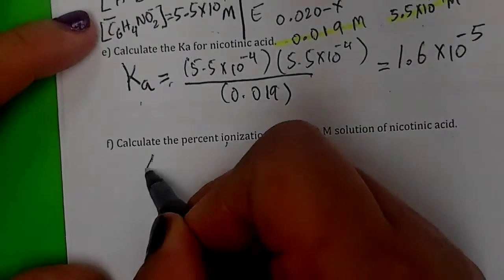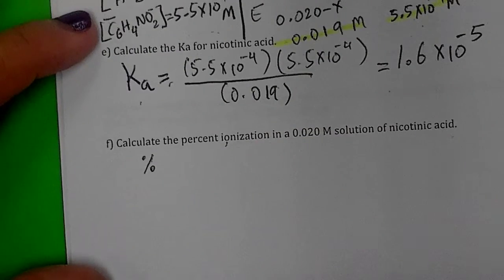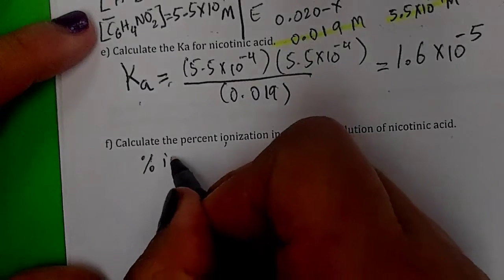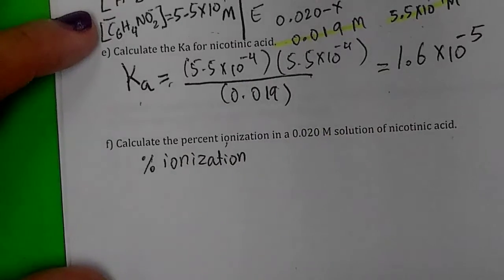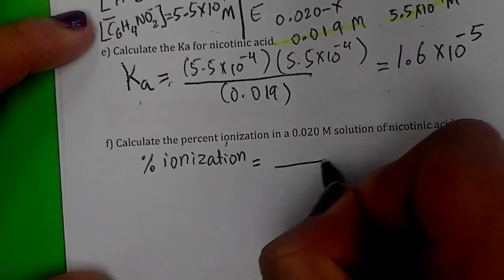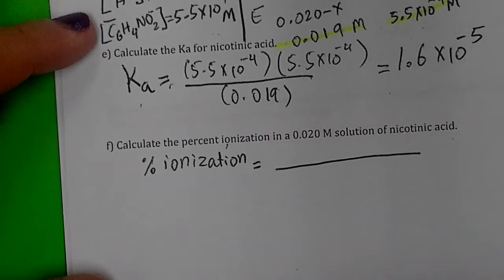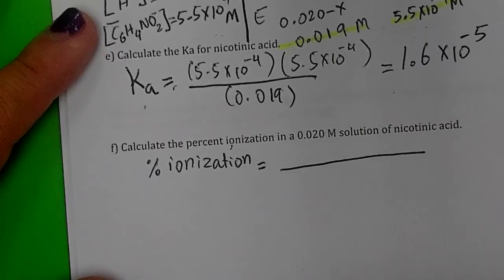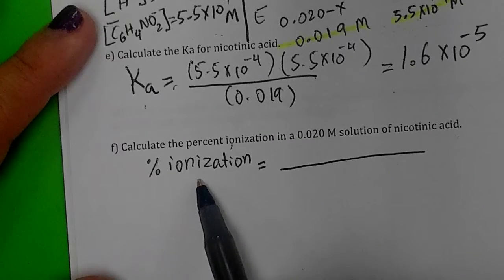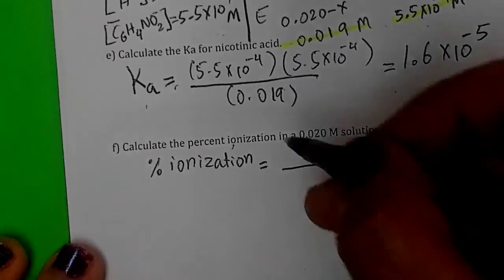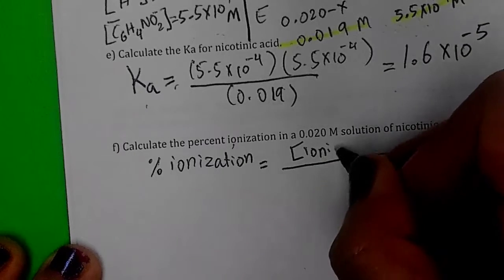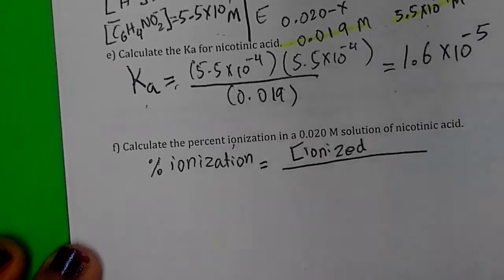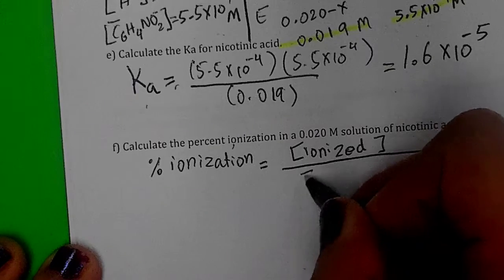I want you to remember this one. This is a formula you have to remember. Actually, it's easy. You know percent ionization. It's basically like how you calculate your percentage. So that means ionization: you're going to do concentration of ionized divided by concentration of original.